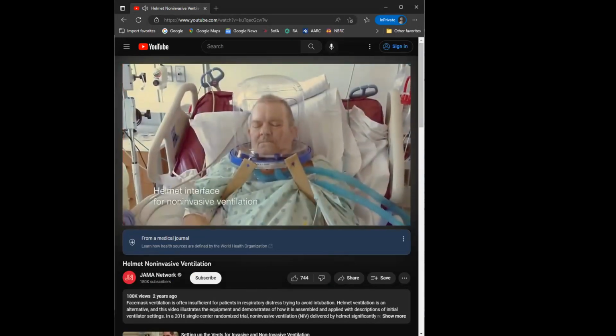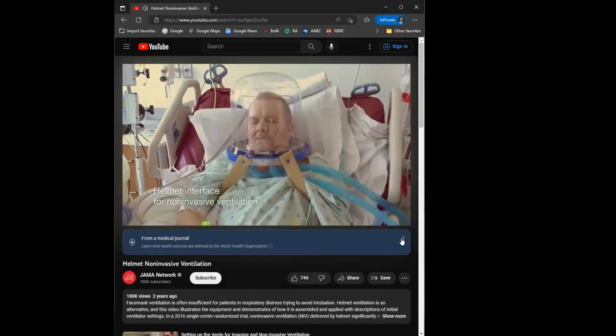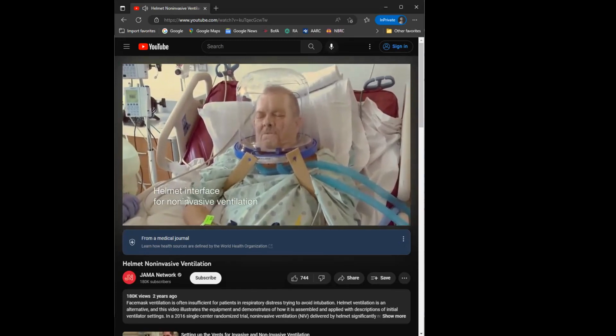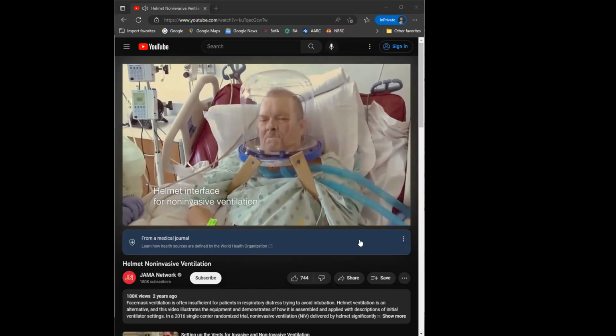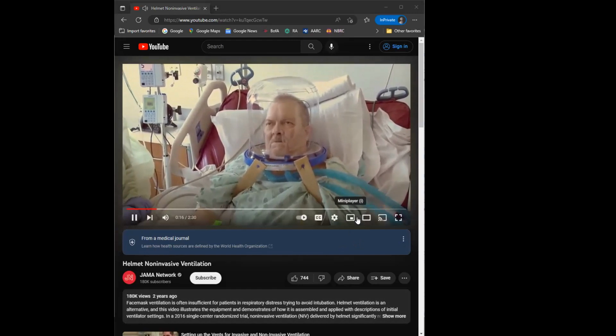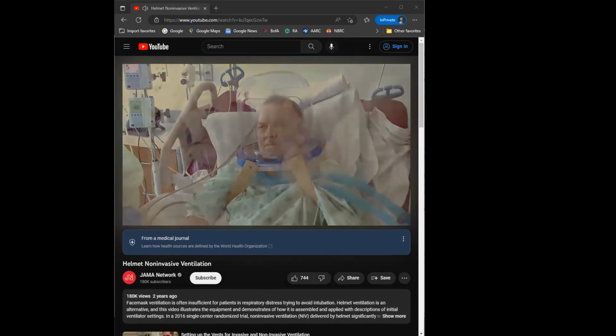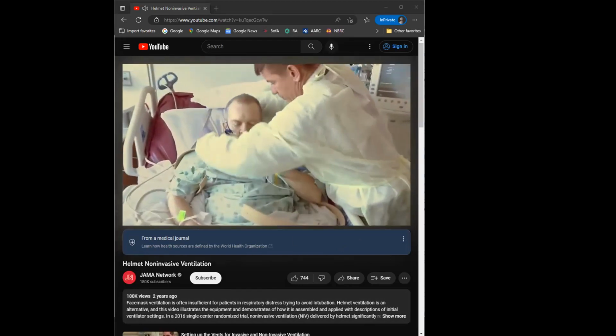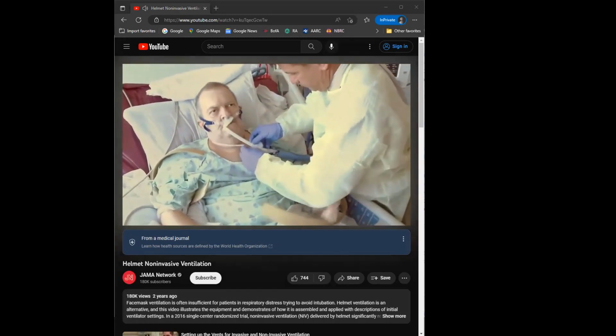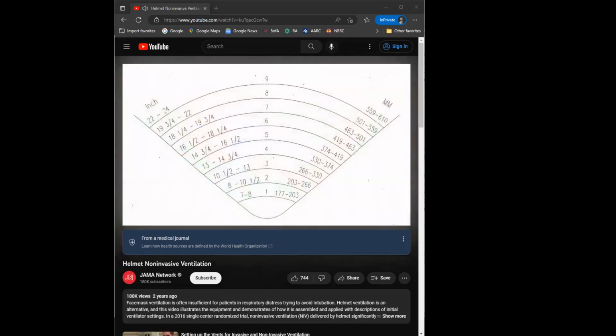The helmet interface for delivery of non-invasive ventilation is a transparent hood that covers the entire head of the patient. A soft rubber collar seals the hood at the neck. First, measure the neck size of the patient. Using the collar size guide, determine where to cut the rubber collar to ensure a tight yet comfortable seal at the neck.